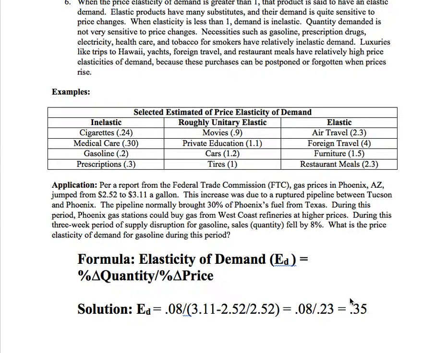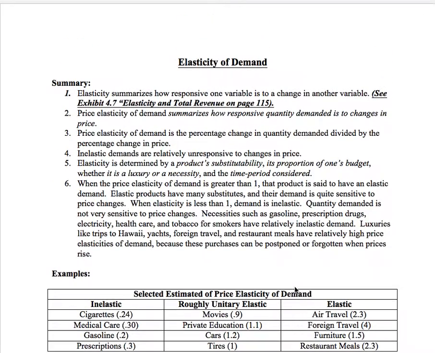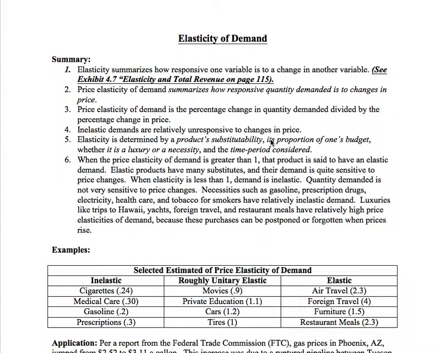So therefore, for the calculation, our elasticity of demand was 0.35, which is inelastic. So once again, use this equation. Pretty straightforward for your assignment this week. And just go back, as I said, and look at the notes I have here for elasticity of demand. And definitely look at page 115.